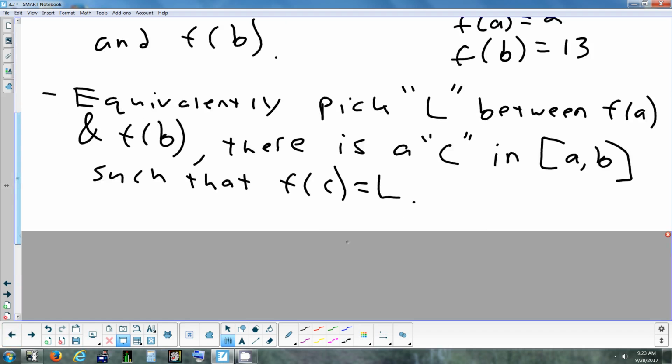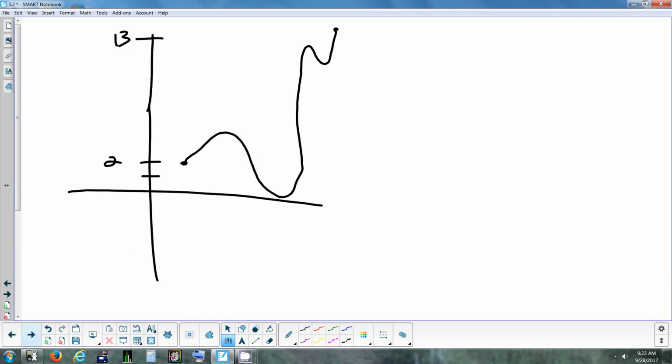So there's some number that you could pick for x that would give you 7 for y, somewhere. You could pick any number you want between 2 and 13. That's your y value. And I guarantee you there's an x value that would give you whatever number you pick. It has to.